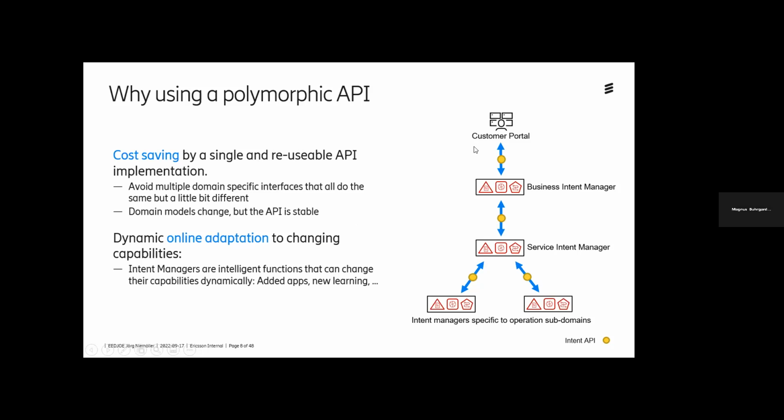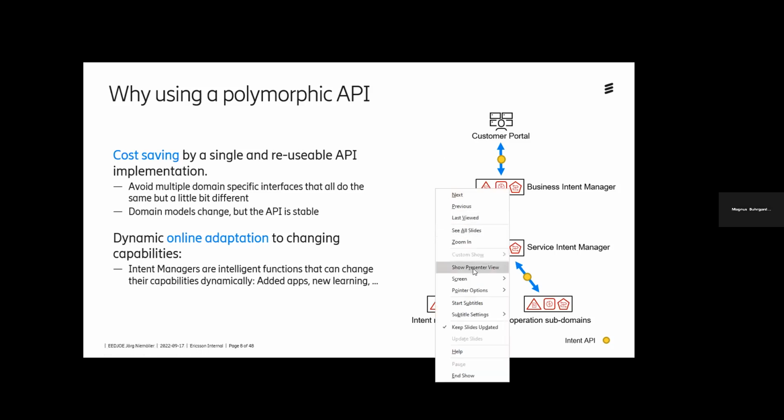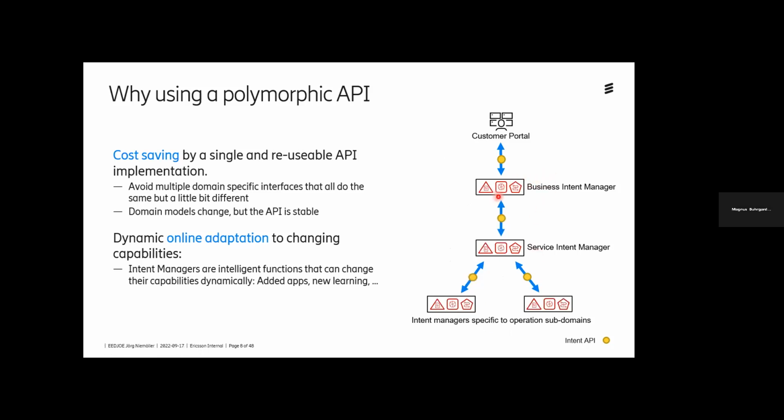So an initial intent coming from the customer portal will emerge as a business intent to a business intent manager, and that will then translate the intent into another intent using the context and the environment, and so a new intent will be sent out to the next domain, to the service level intent, and so on.